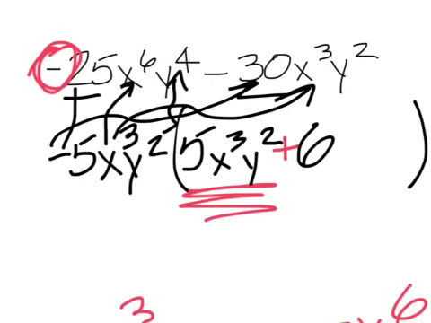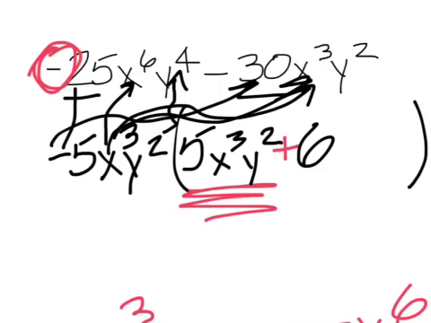We're just catching up with the recording now. We've made it to 5x to the third, y to the second plus 6, and now to go from x to the third to x to the third, it is x to the 0, but what is x to the 0 power? 1. Do we have to write the 1? No. Why? There's already something there, yes.